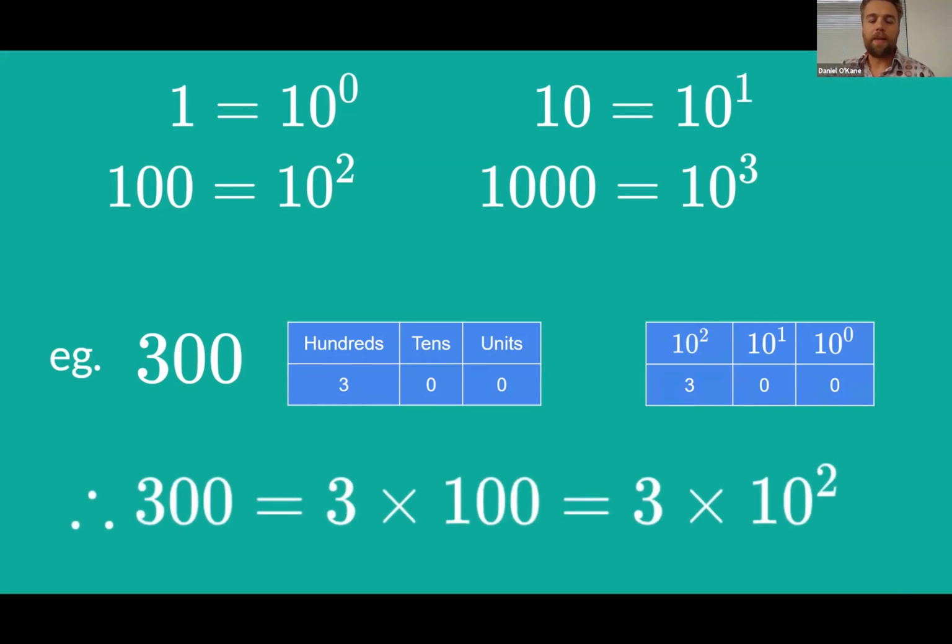I don't need to worry about the tens and the units in this case because there are none to consider. And 100 is 10 to the power of 2. So what I've just shown you is that 300 can be calculated to be 3 times 10 to the power of 2. 300 is your standard number, how we normally recognize numbers. And then 3 times 10 to the power of 2 is that same number, but now expressed in scientific notation.